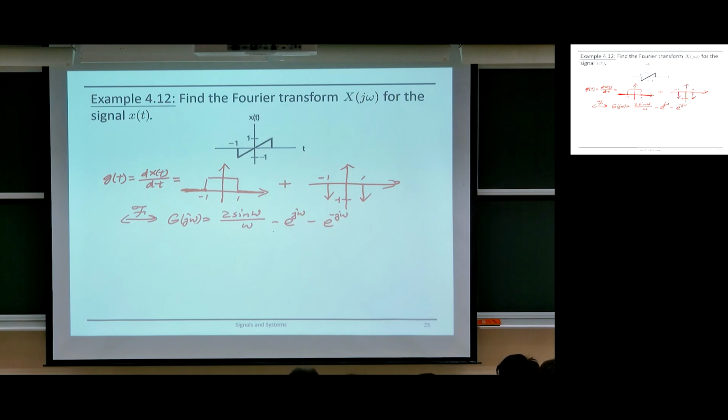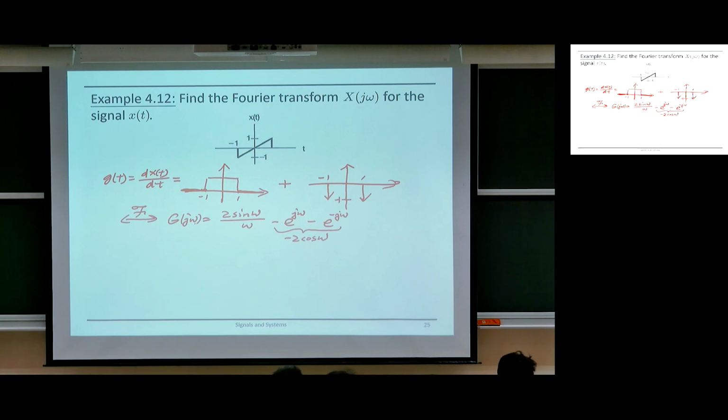If you combine these two, by Euler's relation, this gives you -2 cosine omega.